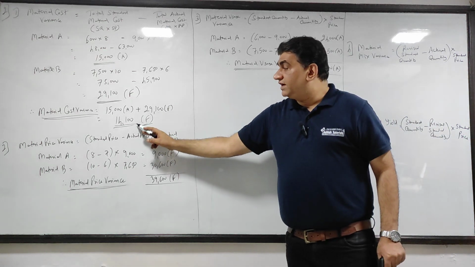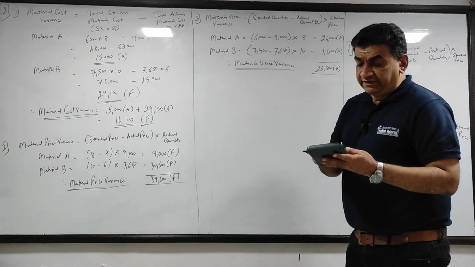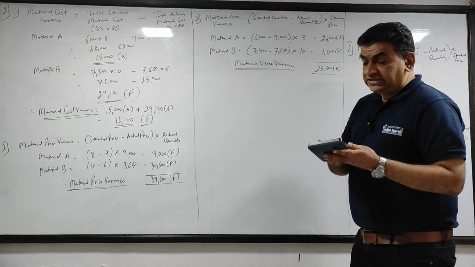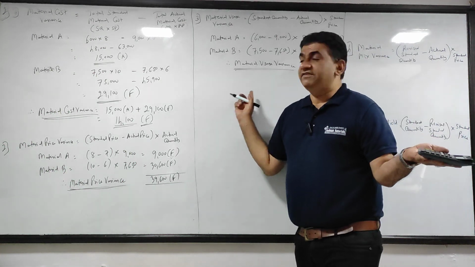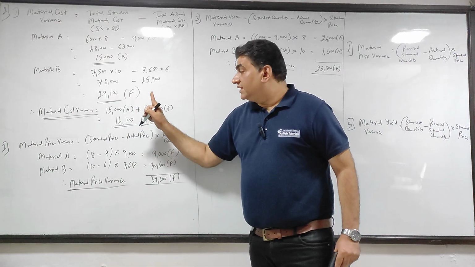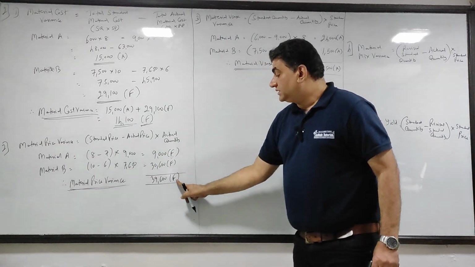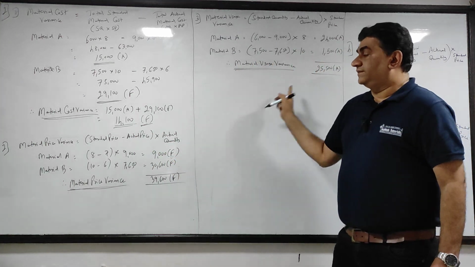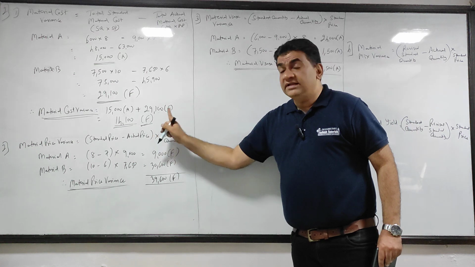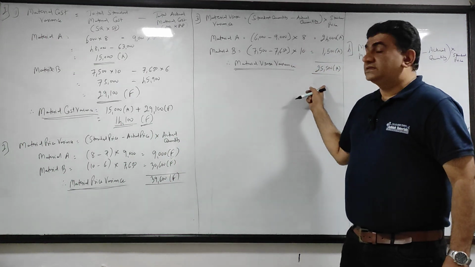This is 14,100 favorable, 39,600 favorable minus 25,500 adverse. It came to 14,100 favorable. This has to be equal to this plus this.